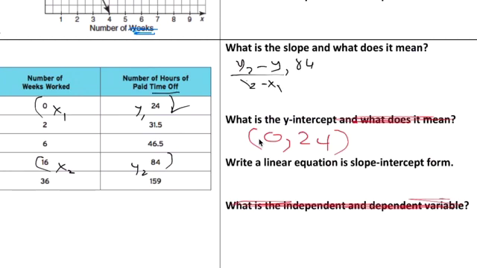Okay, these are hours. 84 hours minus 24 hours is equal to 60 hours. We need to know what it means. 16, these are weeks. So 16 weeks minus 0 weeks.